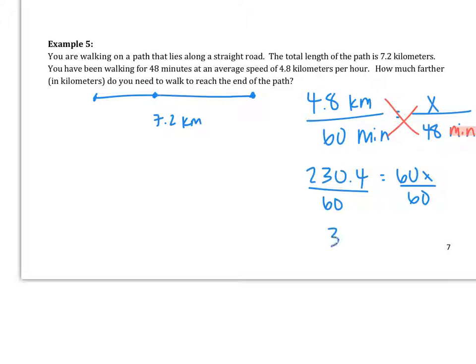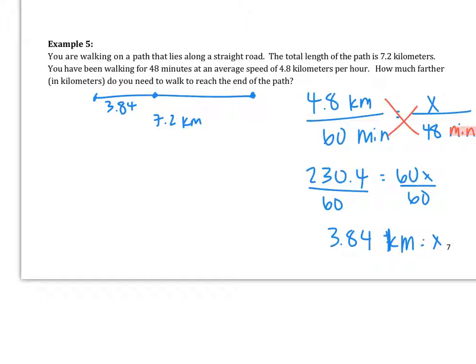And we get 3.84 kilometers equals our x. So you so far have walked 3.84 kilometers. How many more kilometers do you need to walk?